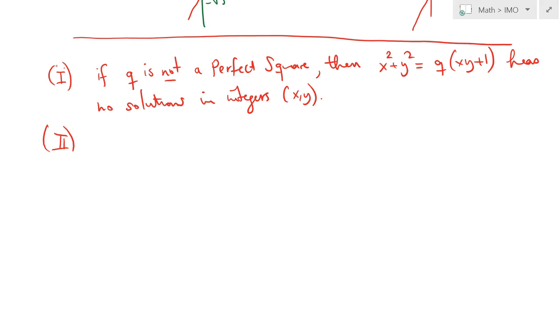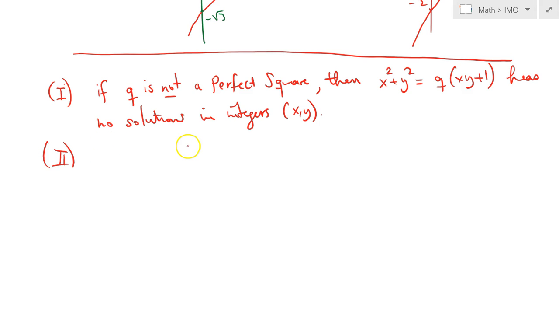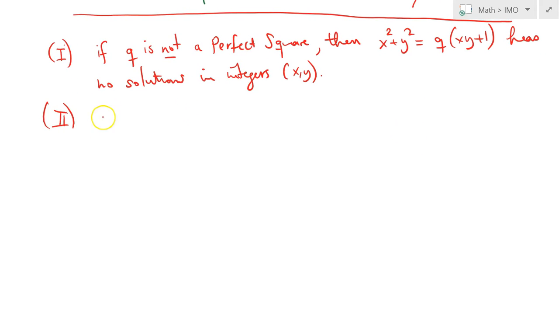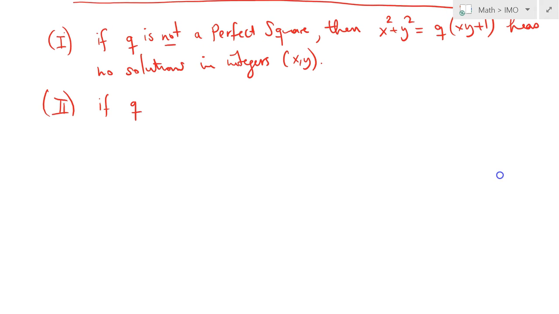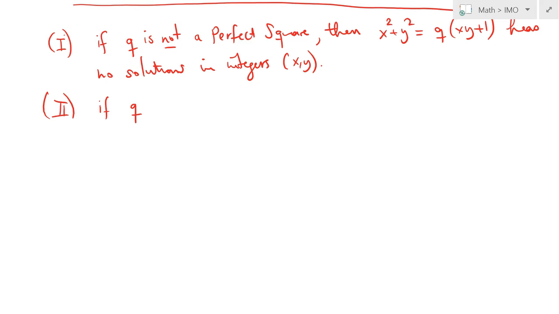But we can do even better. We can actually characterize all the solutions. So here is the characterization, which is an awesome result. This is due to Marcin Kurzma, which is, I believe, a Polish mathematician, and he used to propose quite a few problems during the 1980s and 90s for the IMO.